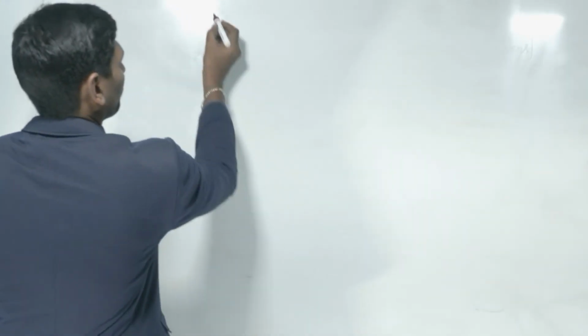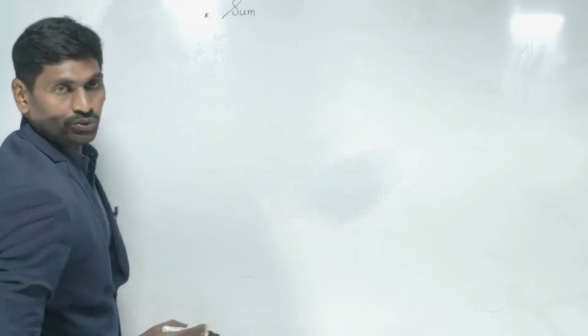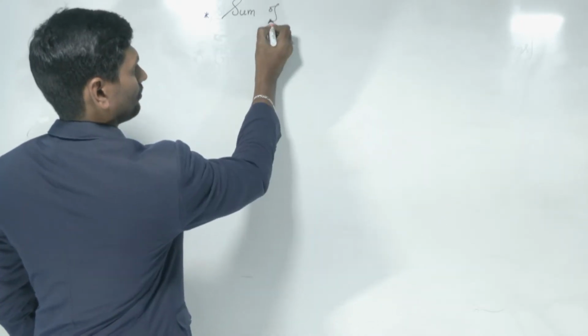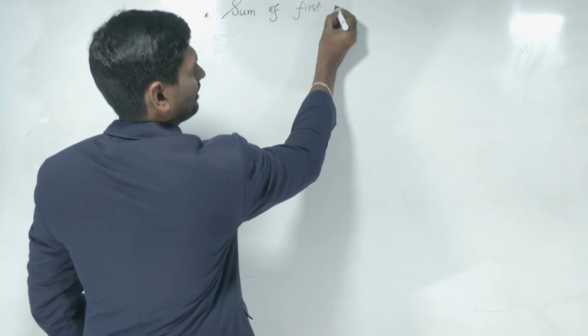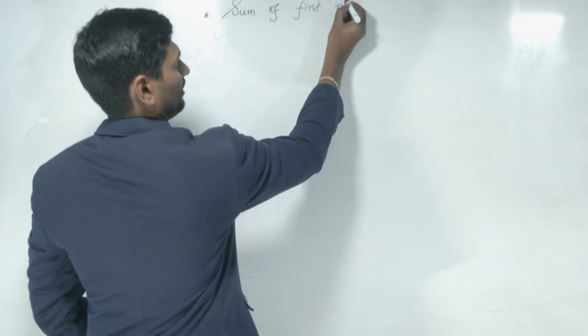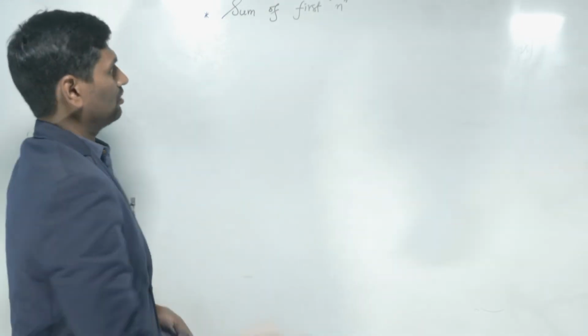Now, right children, very important one. Sum of first n. Can you see the board? I'm writing it long.